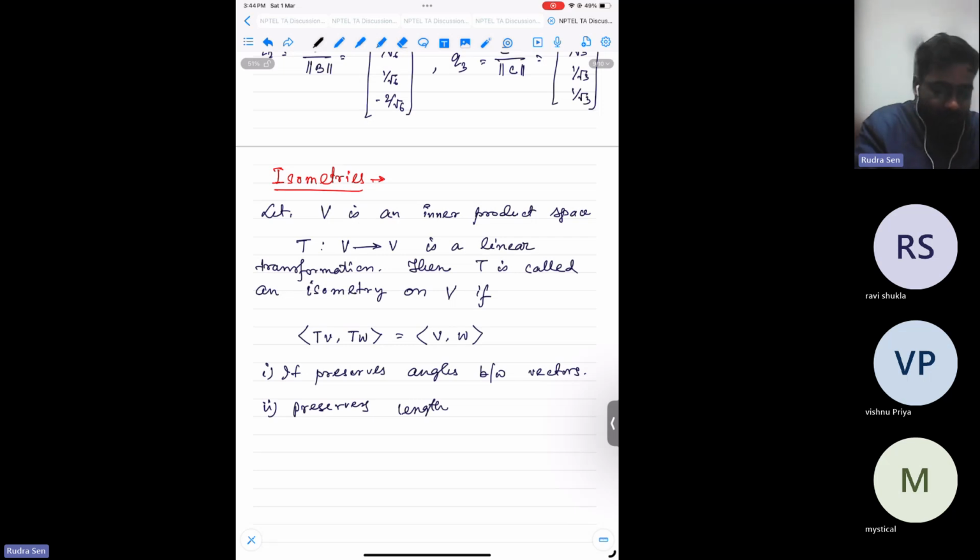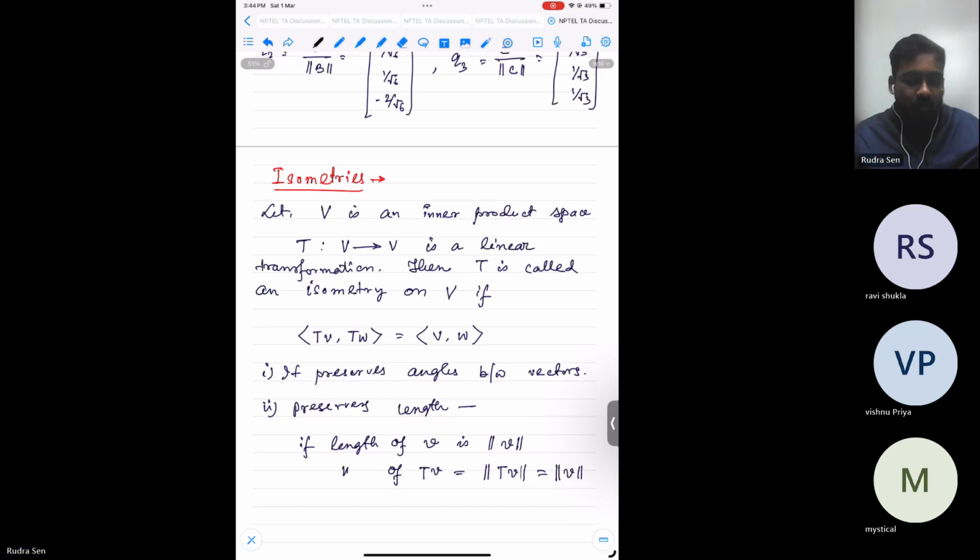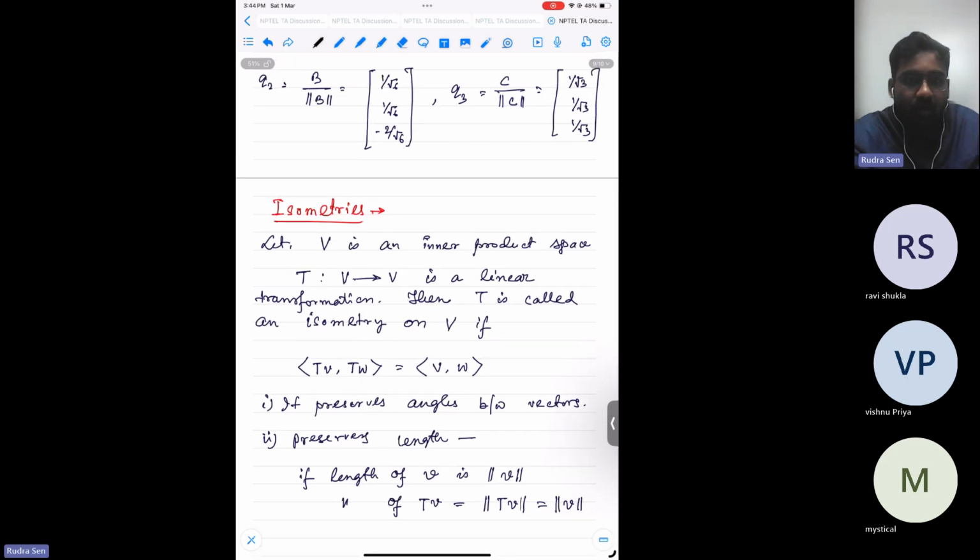The length of V is the norm of V, and the length of TV, which is the norm of TV, is also equal to the norm of V. So length doesn't change. This type of transformation is called an isometry.